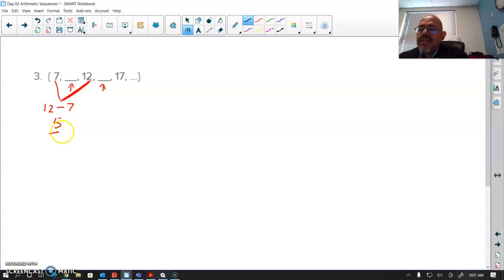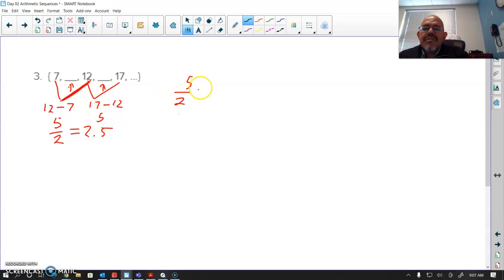Which gives me 2.5. So our common difference right here is 2.5, and we can double check that. That's 17 minus 12, which gives us also 5. We take 5 divided by 2, which gives us a positive 2.5. So our common difference is 2.5.